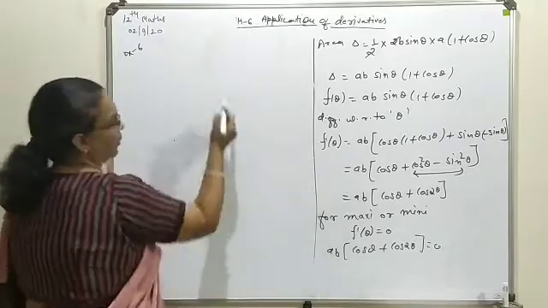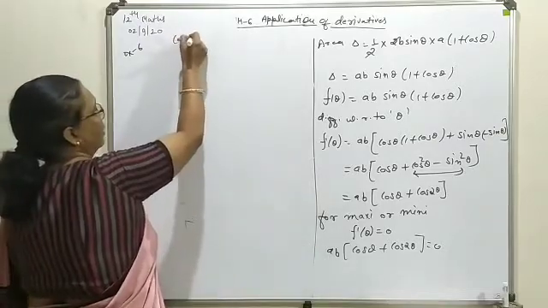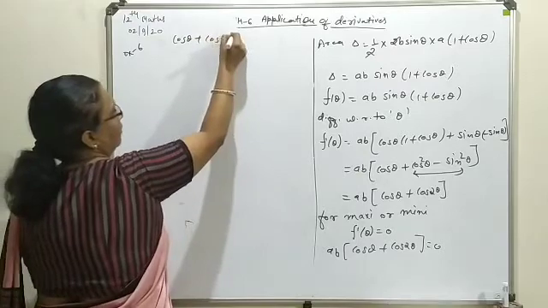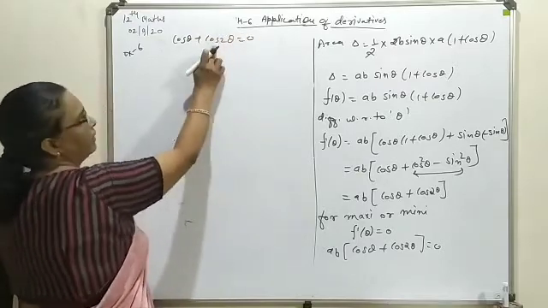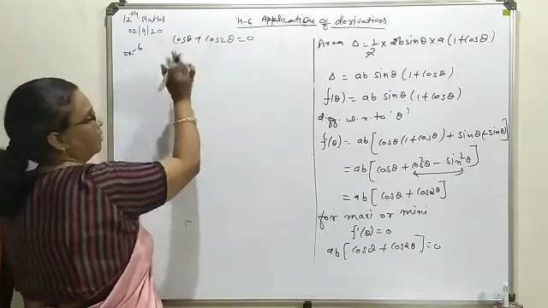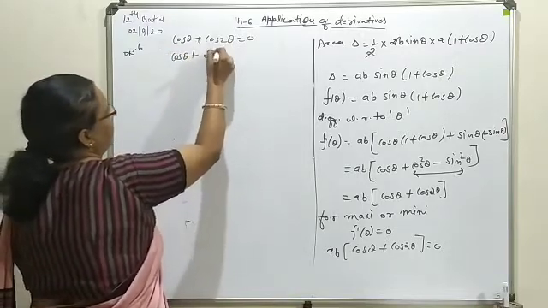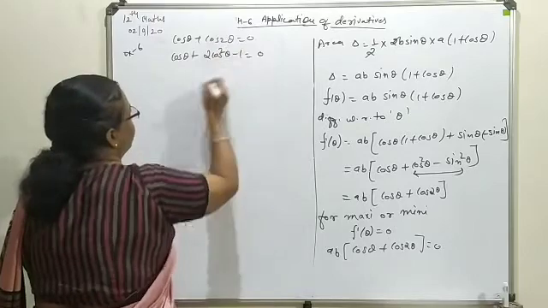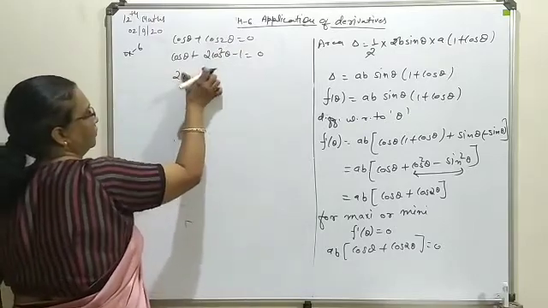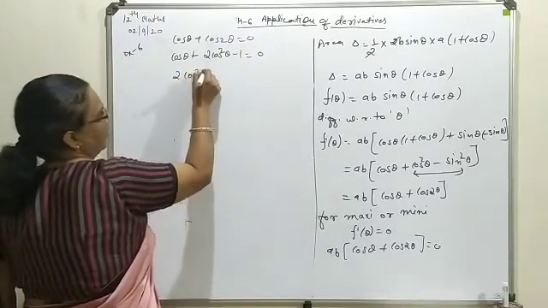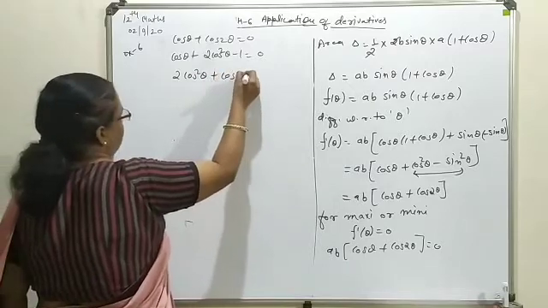This is a non-zero quantity. So your cos of theta plus cos of 2 theta will turn to 0. This we will write in terms of cos because cos is only available to us. This will give you 2 cos square theta minus 1 as a 0. This is 2 cos square theta plus cos of theta minus 1.